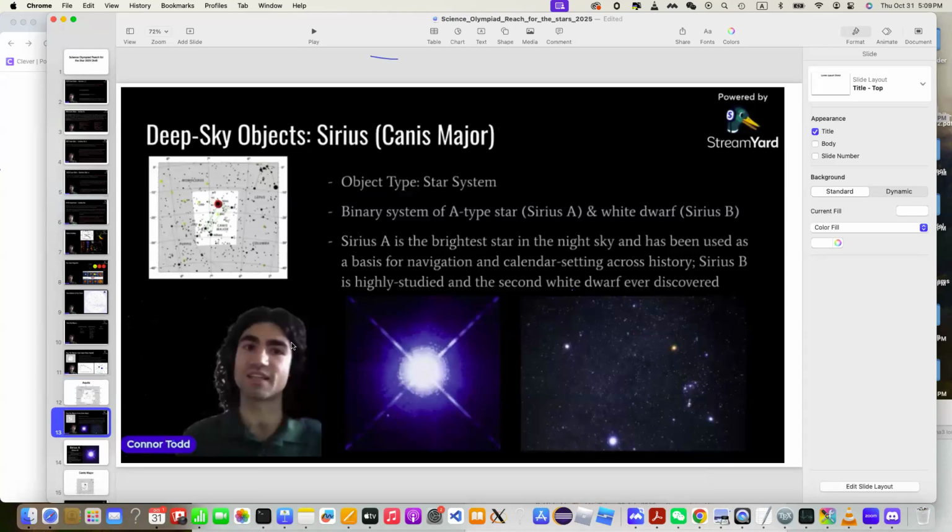Okay, the second object is Sirius. Sirius is very bright. The most significant feature of this image is the spikes. All those spikes are in fact from the CCD.